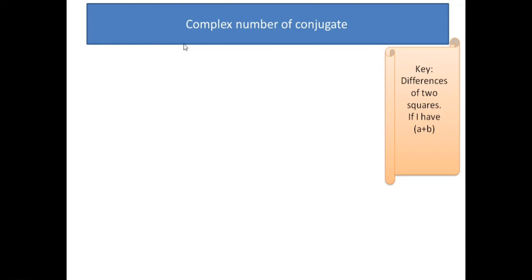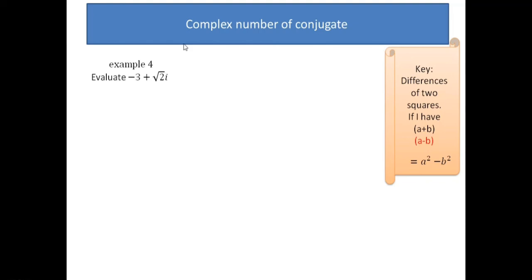I realize that I just need a minus b to get to a squared minus b squared. So the conjugate of a plus b will be a minus b, and vice versa. The conjugate of a minus b will be a plus b.